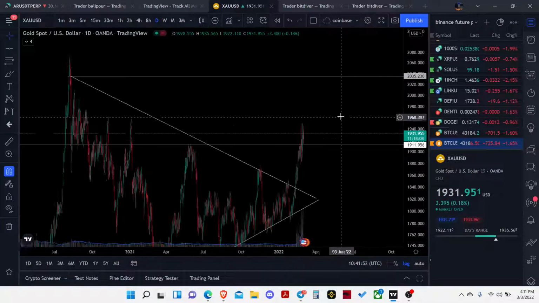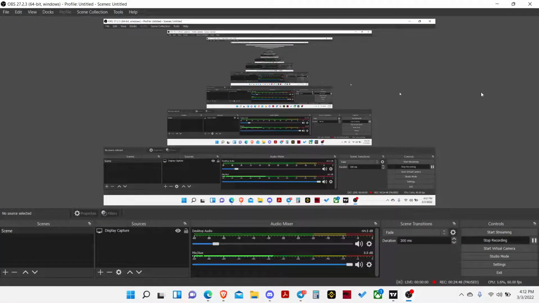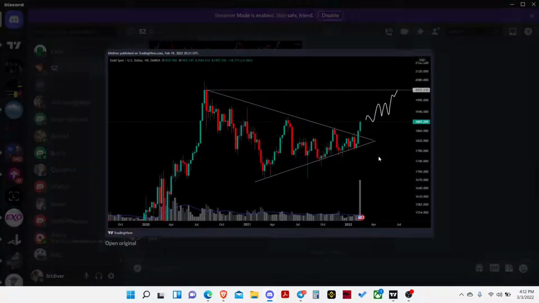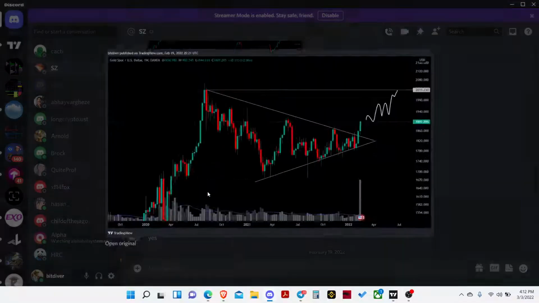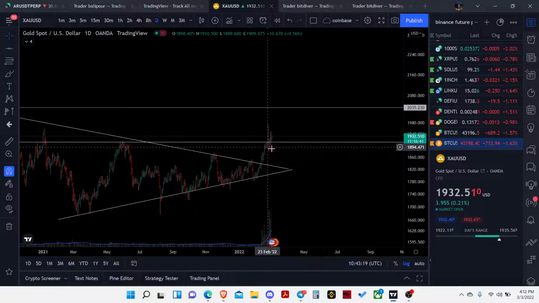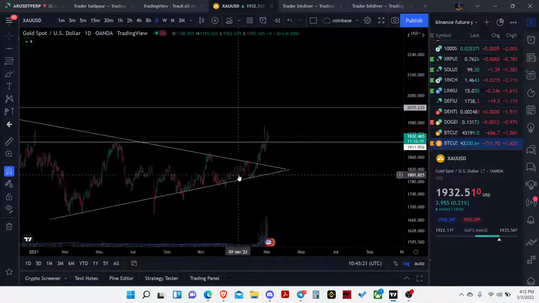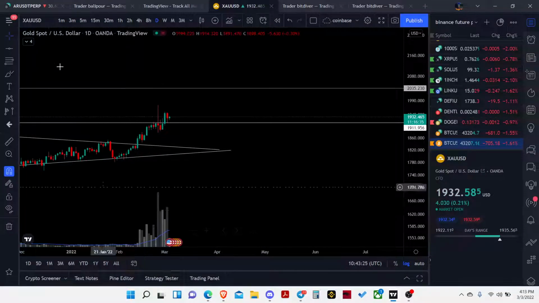So let me show you guys my Discord a little bit. You can see the chart that I shared in February, I think. This was the chart of gold, and what you can see here is, I could get a confirmation of the breakout by seeing this volume on the exchange.